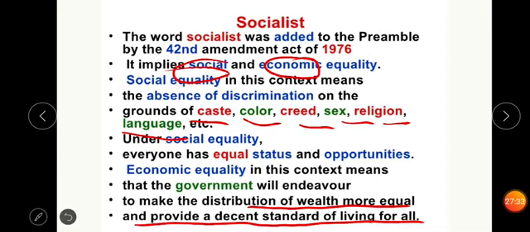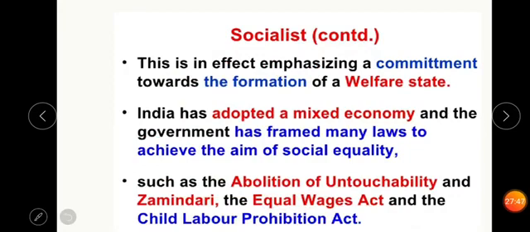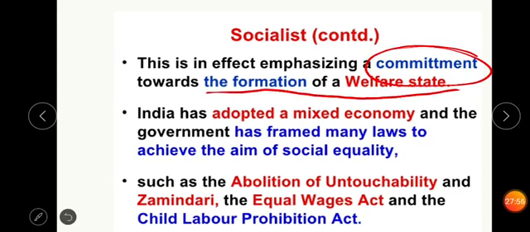And about economic equality, the government will endeavor to make the distribution of wealth more equal and provide a decent standard of living for all. This has the effect of emphasizing a commitment towards the formation of a welfare state.